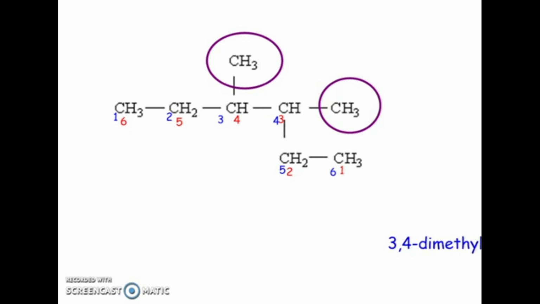So 3,4-dimethyl. Numbers are separated by commas. Numbers are separated from letters by dashes. And then we're going to name the parent chain, which is a chain of 6, which is hex, and all single bonds, so hexane. So the name of this molecule is 3,4-dimethylhexane.